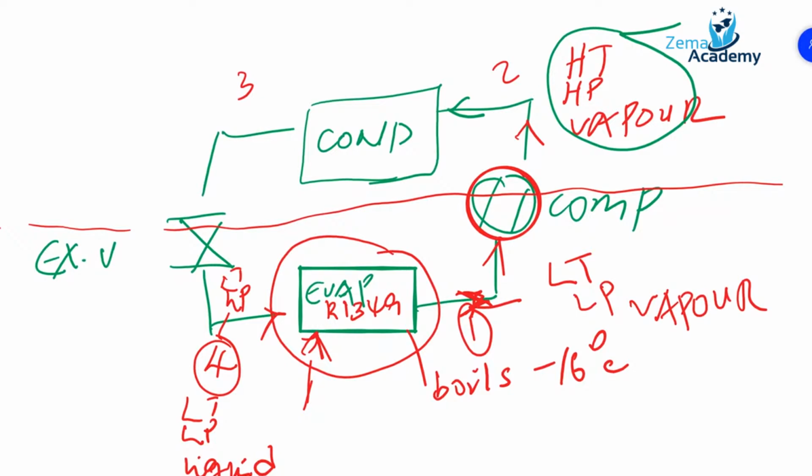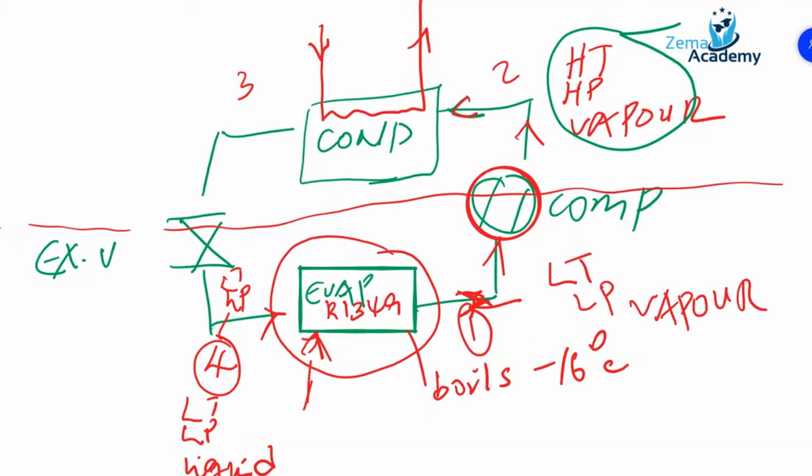By passing it through the condenser, you're sinking that high temperature and high pressure. Here you will have a secondary circuit to remove the heat from the condenser. We will look at whether you're using air or water to remove the heat from the condenser. And that's how a condenser is classified, based on either air-cooled or water-cooled condenser.